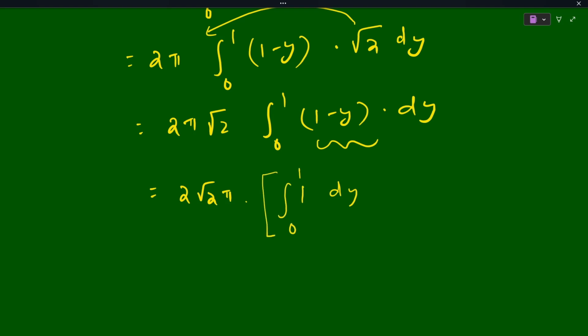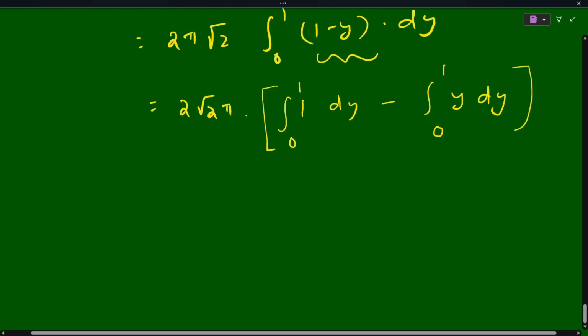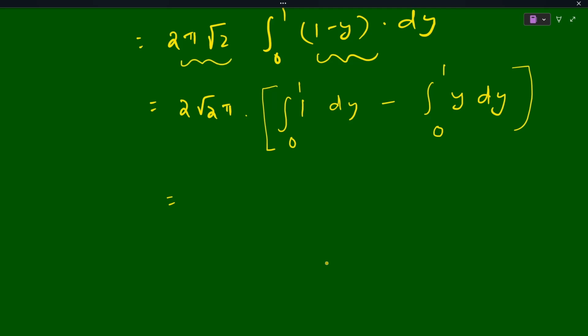Here also, to integrate this one, we will use the linearity principle in integration, which is the same. So first the integral from 0 to 1 of dy, minus the integral from 0 to 1 of y dy.